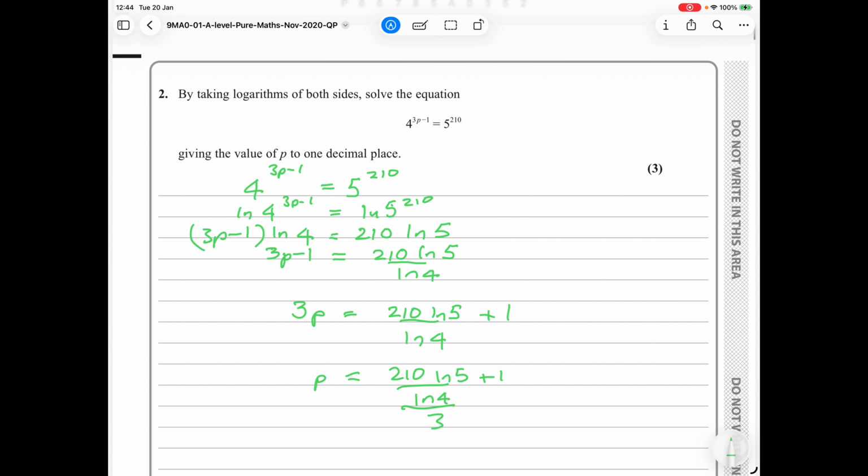So that means we get 81. Am I meant to do it to one decimal place? So p equals 81.6, and that's our answer.